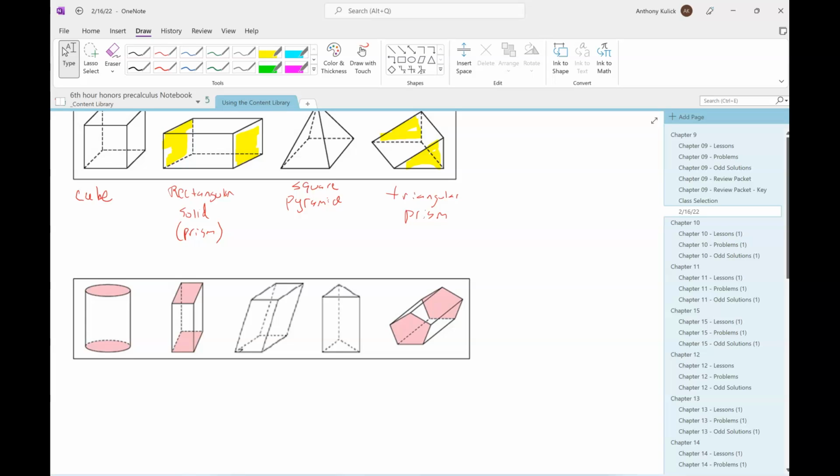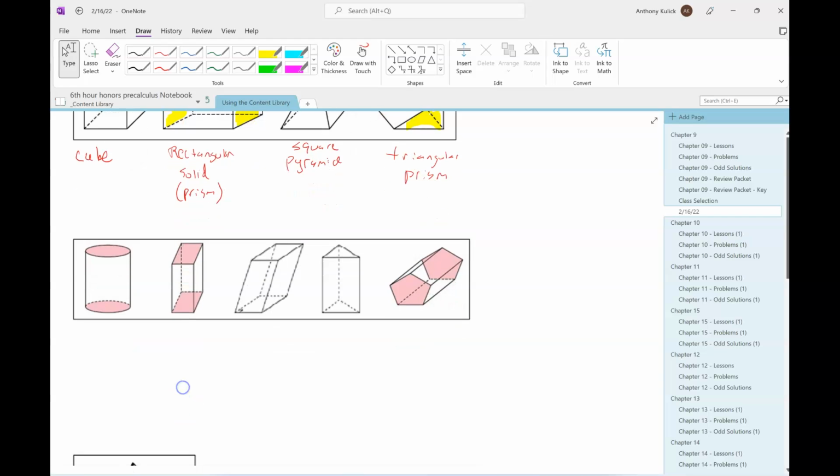What do we see here? The first one on the left is a cylinder. As an aside, a cylinder could also be considered a prism, where the bases there are circles, since again, you chop it and the cross-sectional area is still going to be a circle. How about the second figure there?